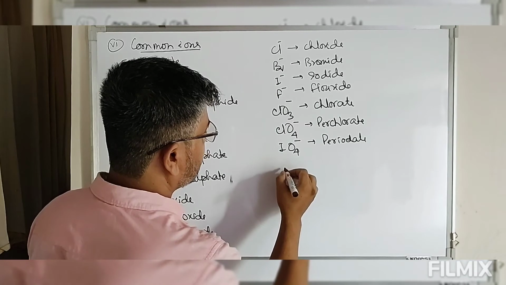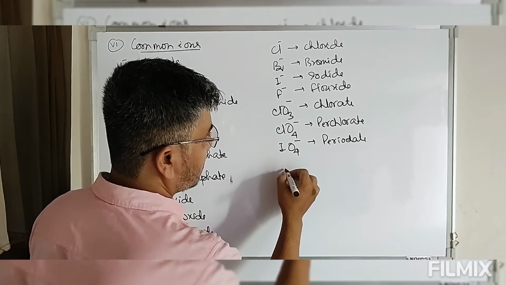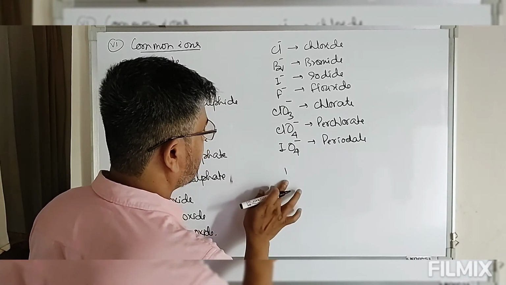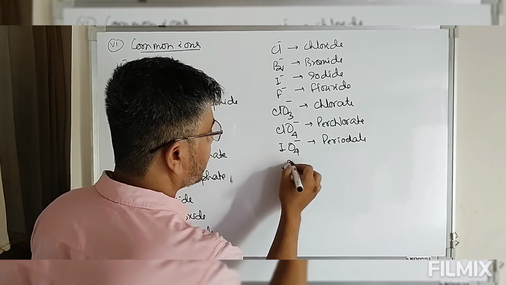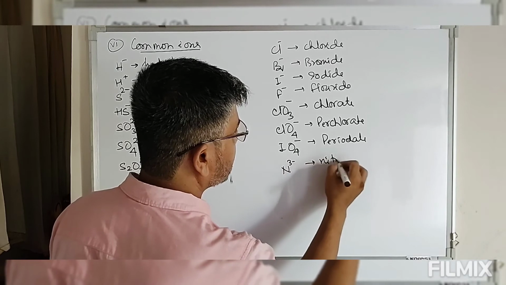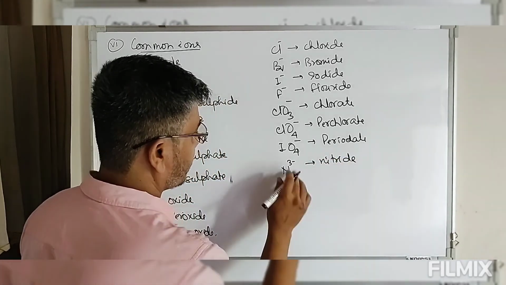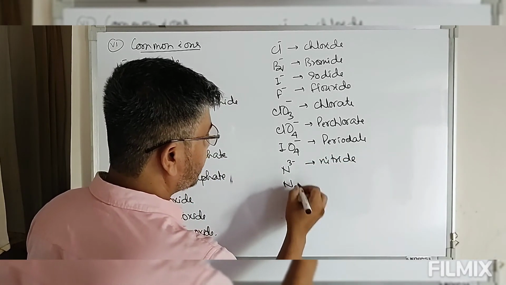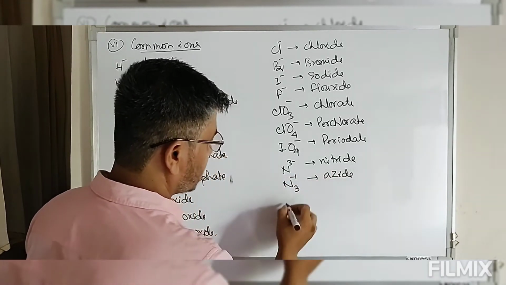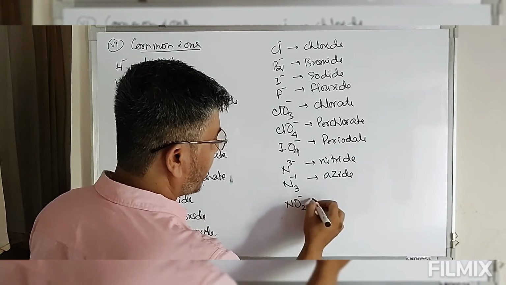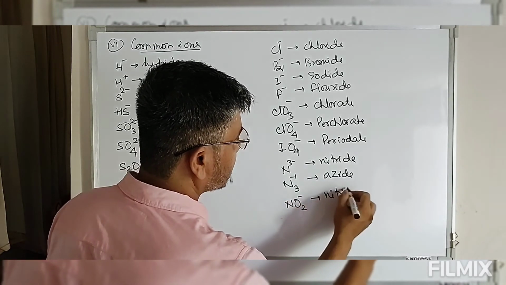We have N3 minus, nitride. N3 minus 1, azide, and NO2 minus, nitrite.